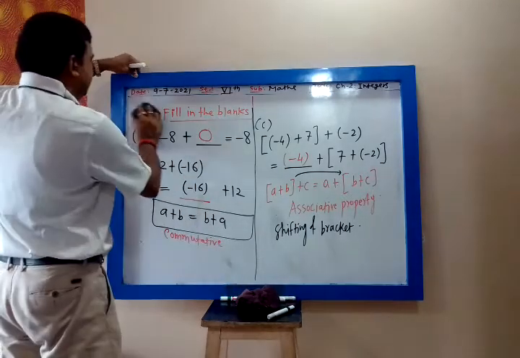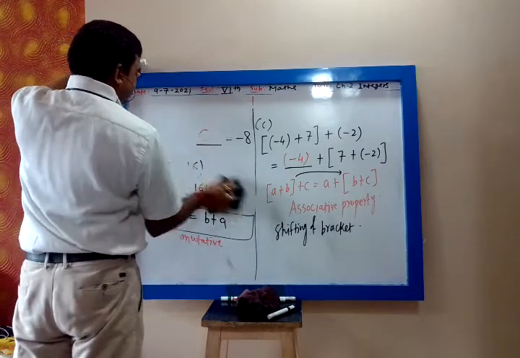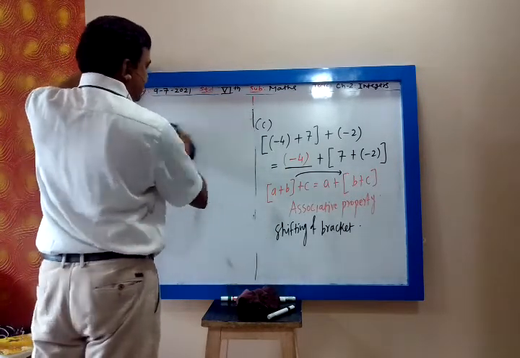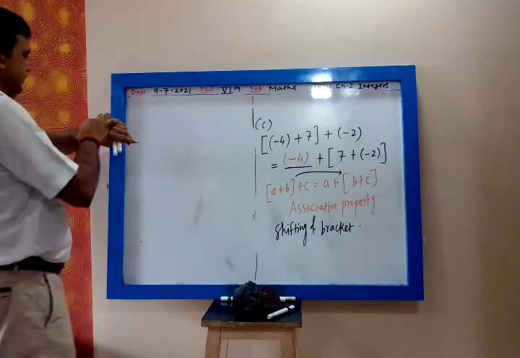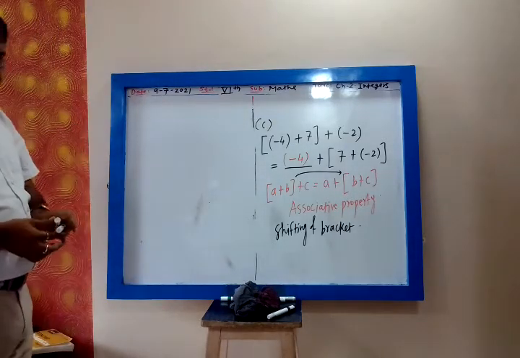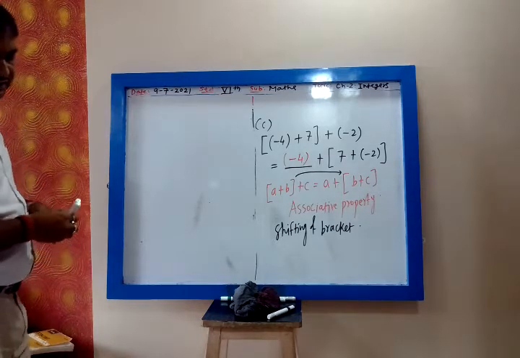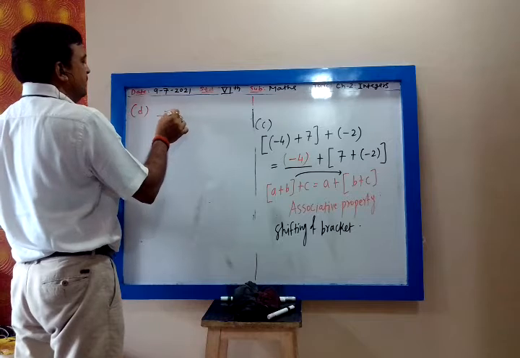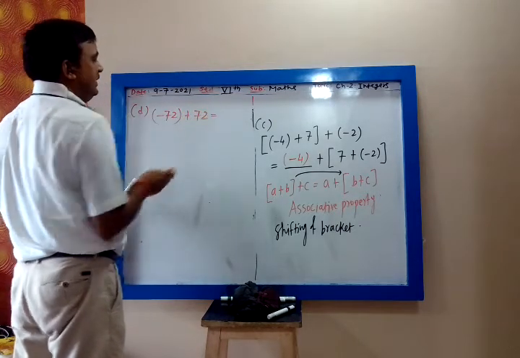Then D part is minus 72. B part minus 72 plus 72 is equal to, yes.